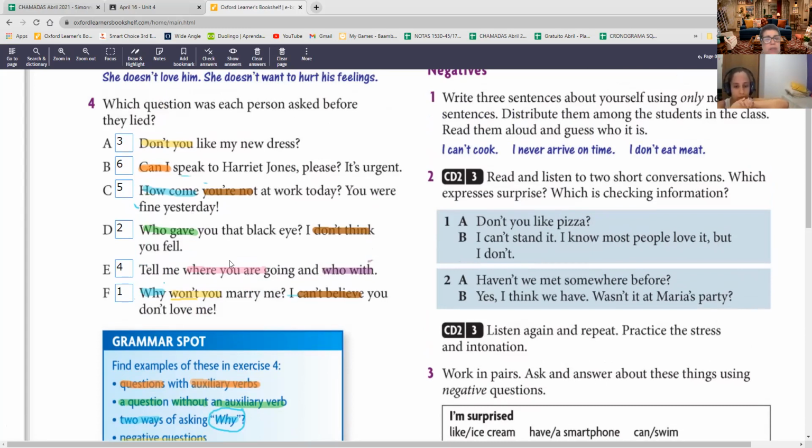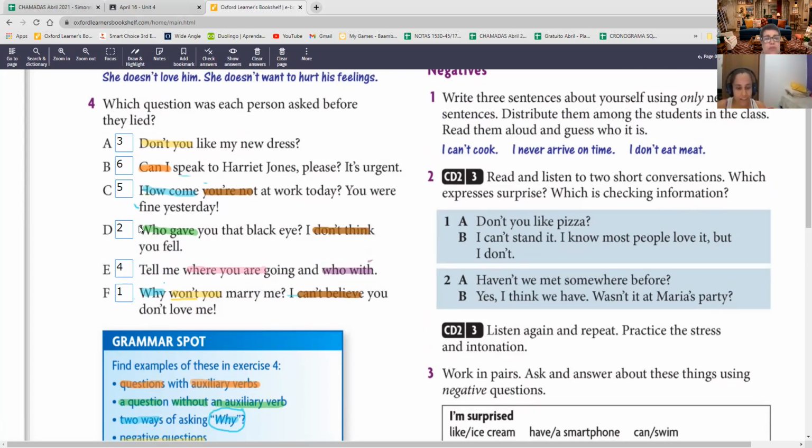So, for example, here, who gave you that black eye? Who gave you that black eye? Do you understand the meaning of black eye, by the way? Yes. Okay, so here, as you can see, we are using who actually as the subject.